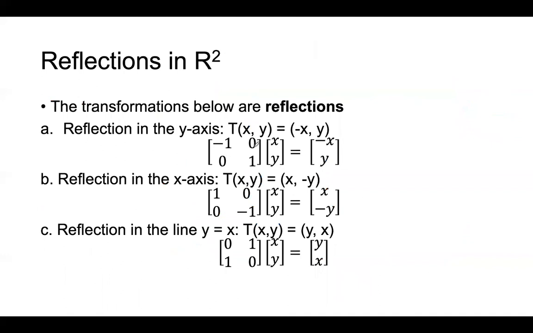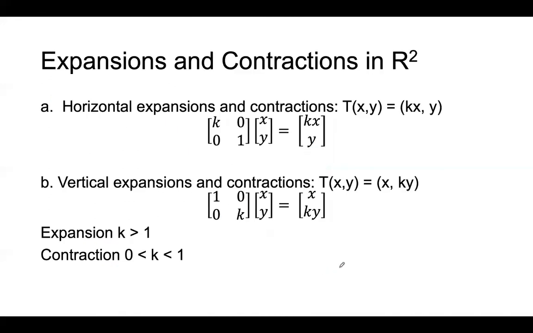Again, for the y-axis, we take this matrix, and the result is -x, y. In the x-axis, it'd be x, negative y, and the reflection in y equals x would be yx, where they get flipped. You can see this when you multiply by xy to get a resulting vector.